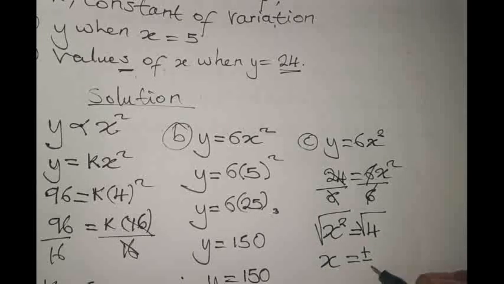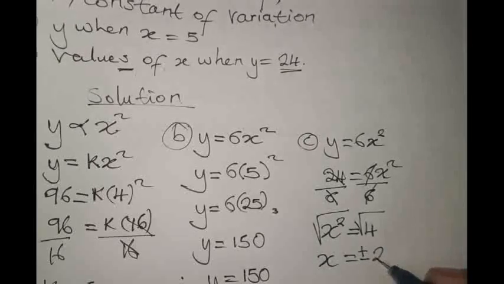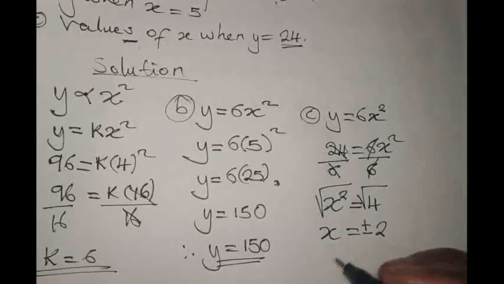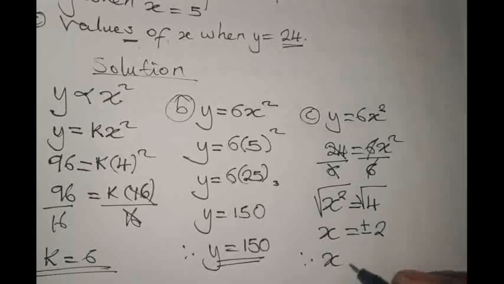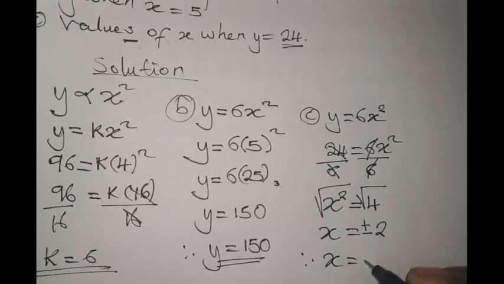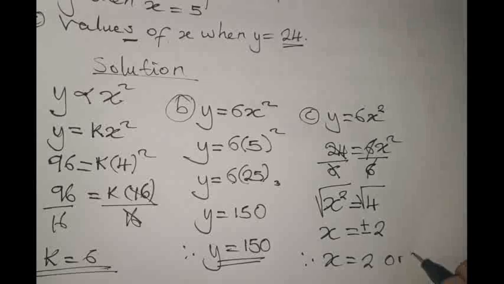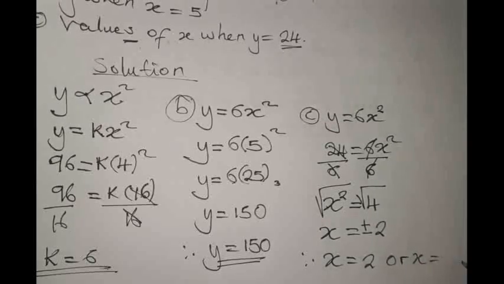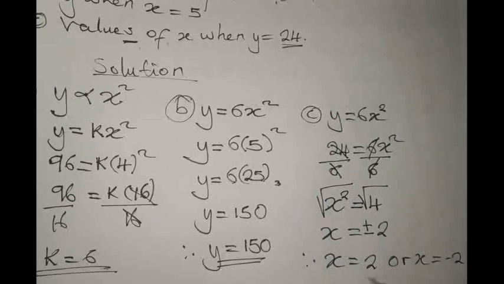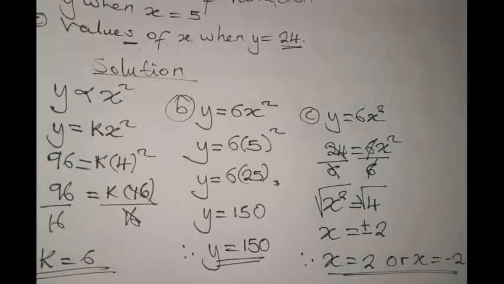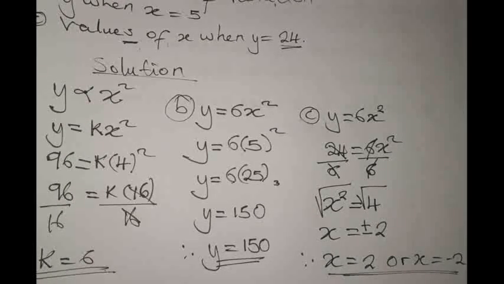So plus or minus the square root of 4, which is simply 2. Now therefore x is equal to positive 2, or x is equal to negative 2. Then you end there. So that is how you are supposed to answer this particular question.